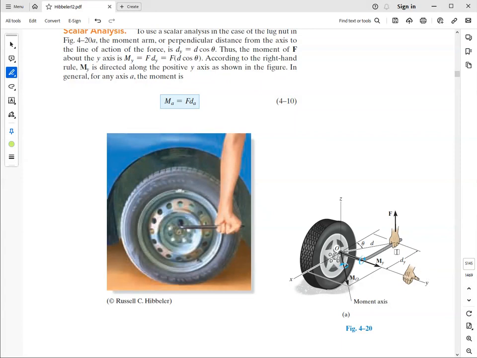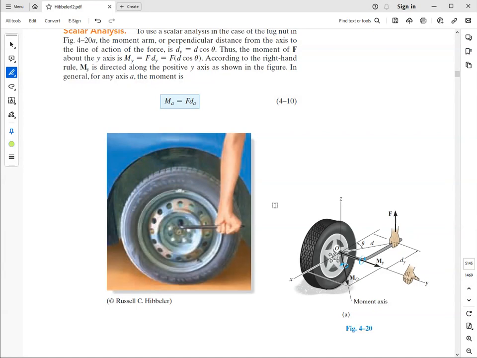But in any case, the effect of the force, because of this offset from the x-axis, would be a moment at some angle. Now, the response of the stud or bolt that we want to loosen would be due to the moment along the y-axis, perpendicular to the wheel plane.